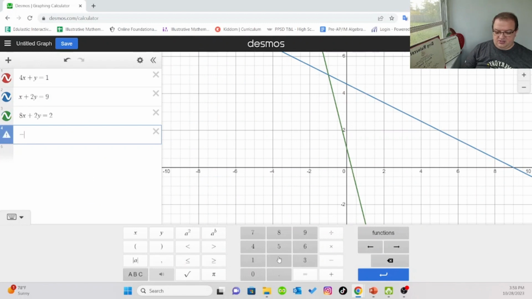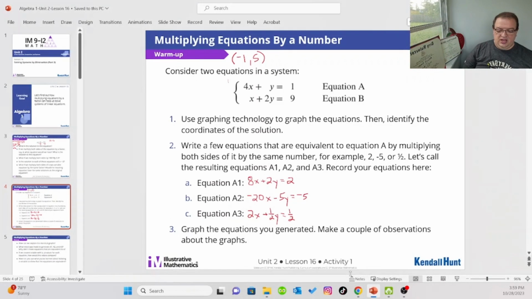Notice the purple line got drawn right on top of both the red and green line. So we still have the exact same line, we just have a multiple of it. And finally, 2x plus 1/2 y equals 1/2.